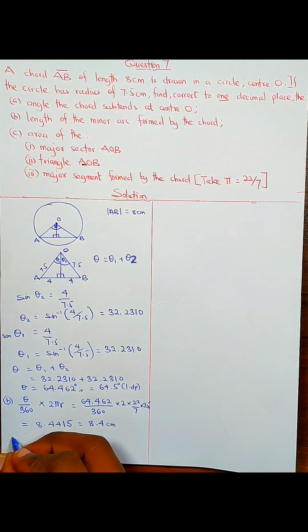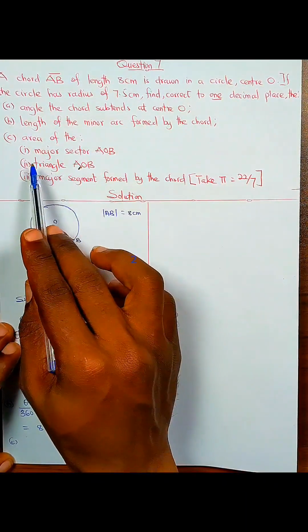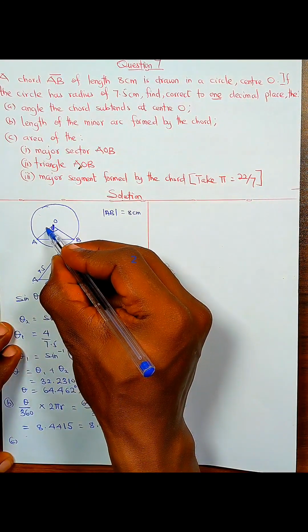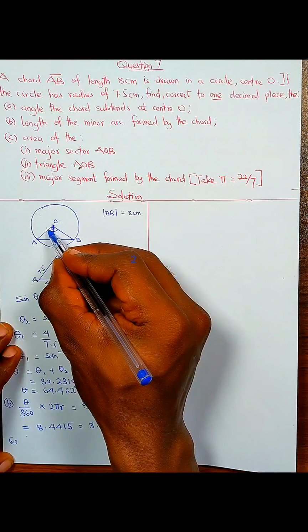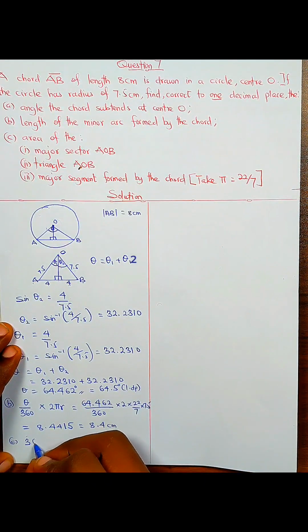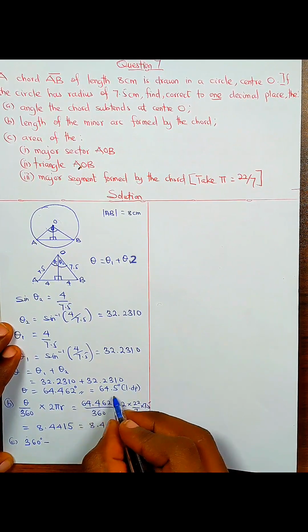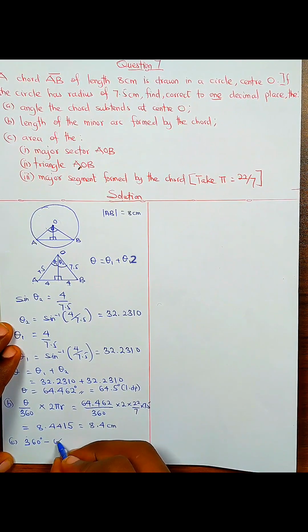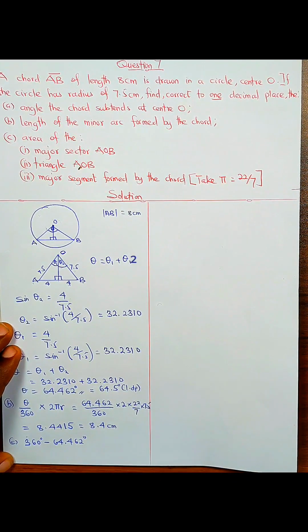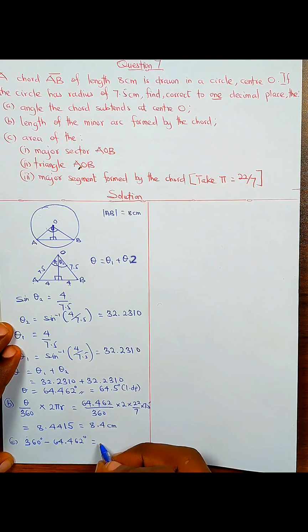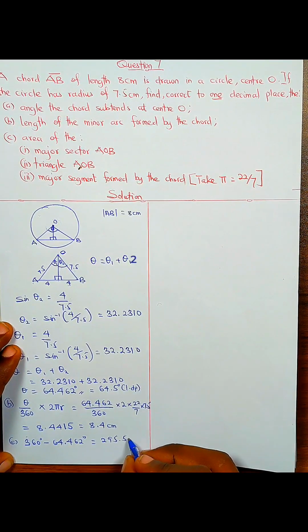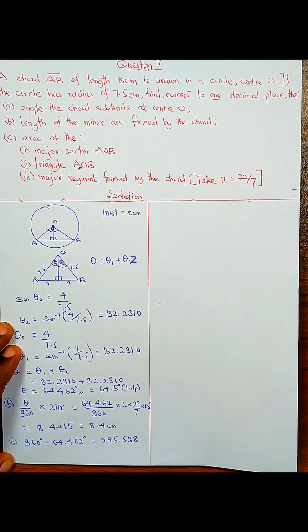Now let's go to C, part I. To find the area of the major sector AOB, you need to find the angle from here to there. Since we know theta, we can find that angle by saying 360 degrees minus the angle which we found to be 64.462 degrees, which is going to give us 295.538.